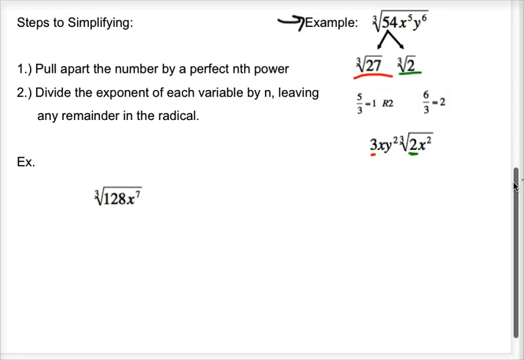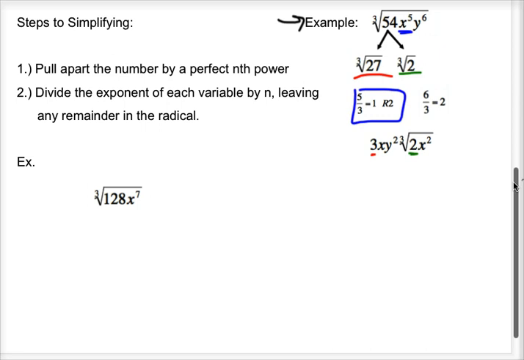Well, the variables, you start the same way as what we did yesterday. I'm going to divide the exponent by the index, so by that n. What I want you to consider is in that fraction, in this case, when you're looking at the x to the 5, however many full groups come out.